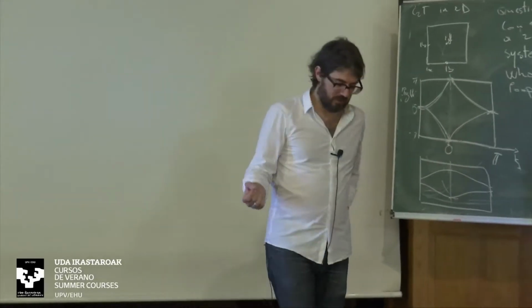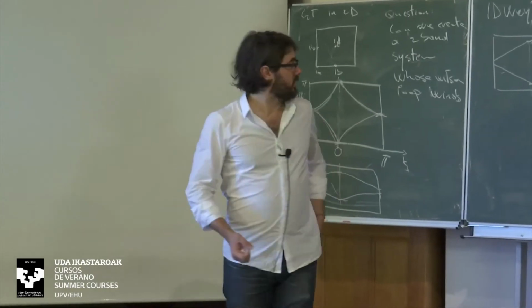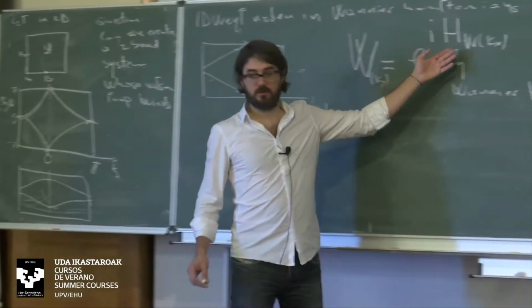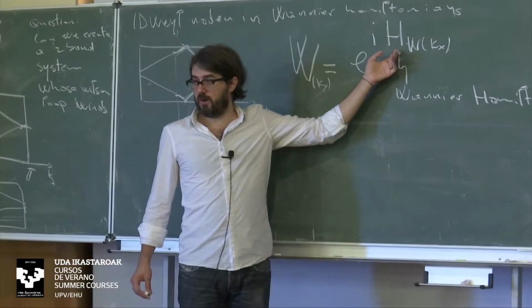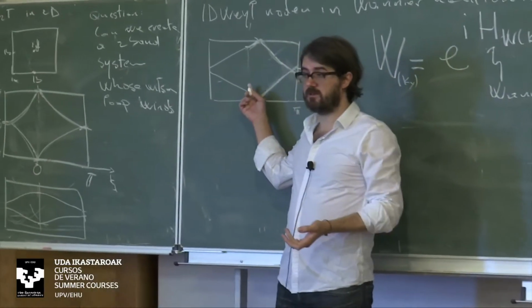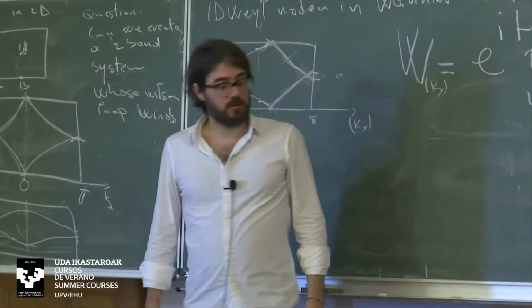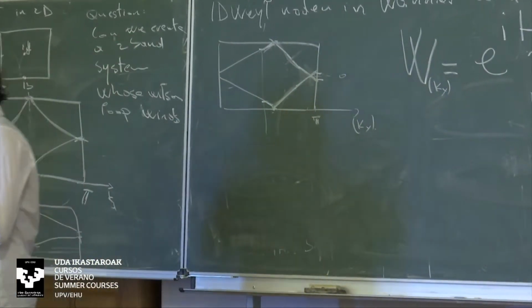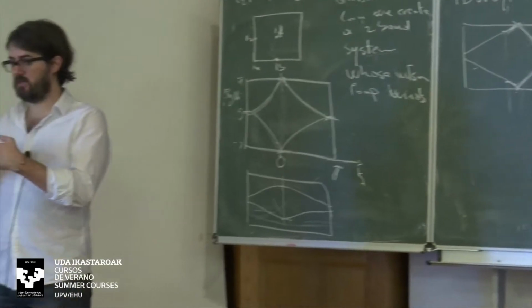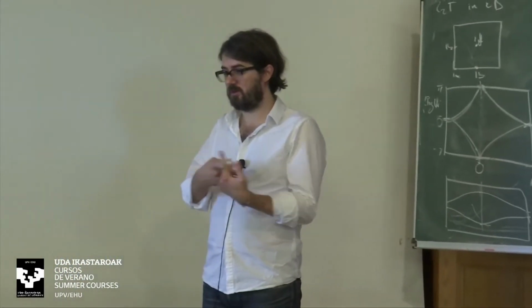So in particular, the eigenvalues of this operator, mod 2 pi, are just the Wannier centers. This is what I was plotting before, okay? And since the eigenvalues are the Wannier centers, obviously this Hamiltonian regulates splitting between Wannier centers.